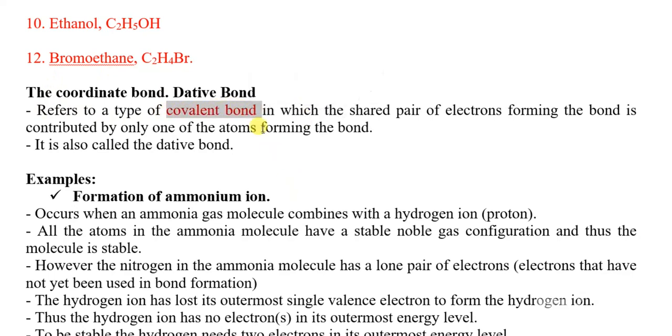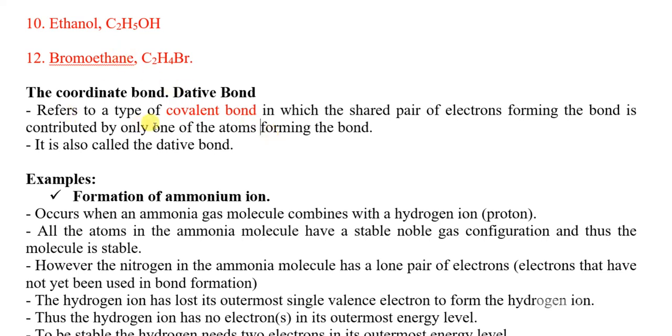So if it is a type of covalent bond, first they will share electrons. They will share up to a point when the other atom fails to have enough electrons to be shared. Therefore, the other one, which contains more electrons, will just donate the 2 electrons to be shared.